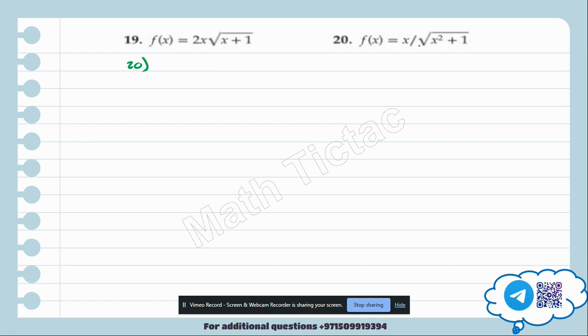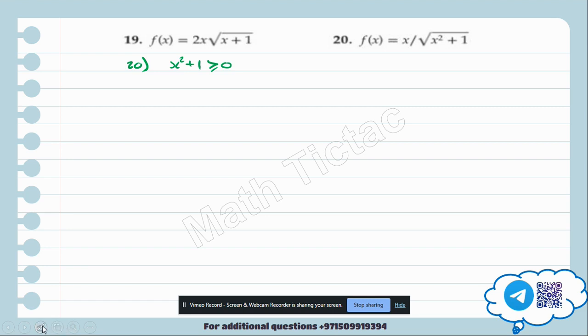First of all, I have an even root and I have a rational function as well. So I have a denominator and an even root. For the root, the expression inside the root has to be greater than or equal to 0.